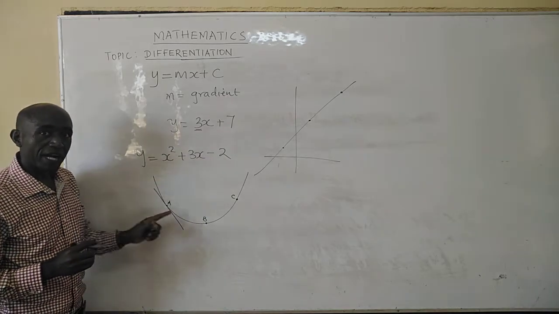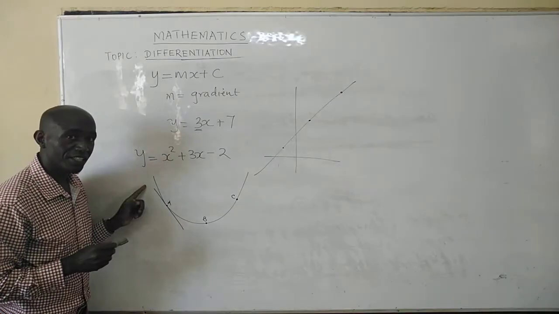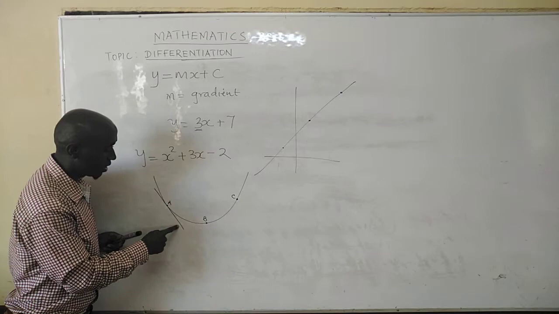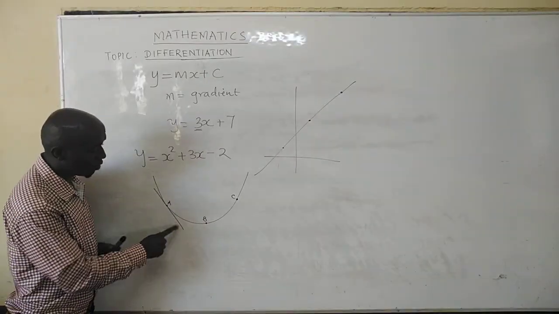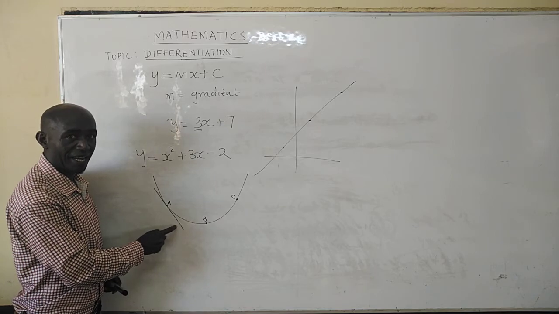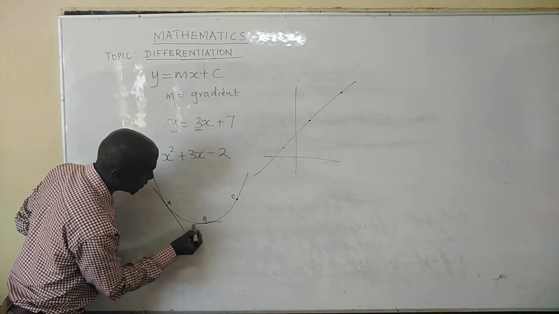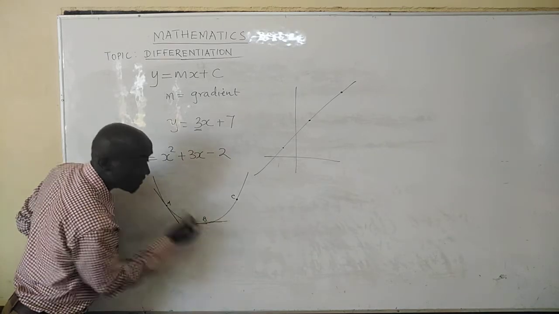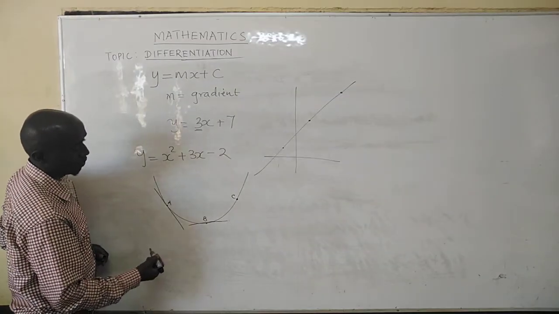And the gradient of a curve is the same as gradient of the tangent to the curve at that point. This is a tangent. So look at this tangent. It's a straight line. So the gradient here is equivalent to the gradient of this straight line tangent. And here at B, the gradient of this curve at point B is the gradient of this other tangent, which is horizontal.